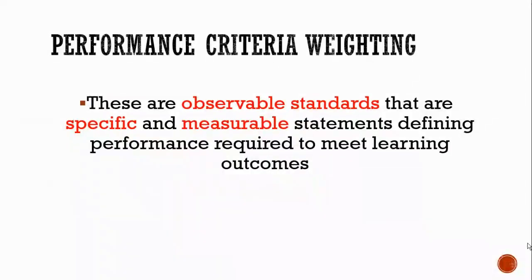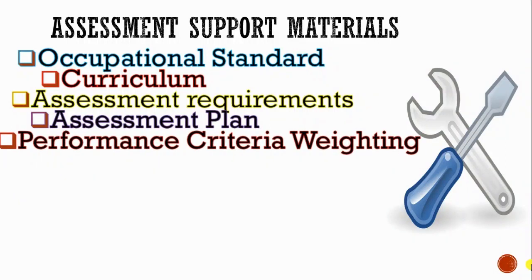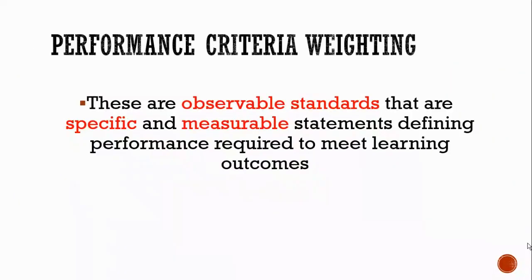And in today's tutorial, we are going to look at another support material when it comes to assessing learning outcomes, and that is performance criteria weighting. So this is another tool that we need to develop. So what is this performance criteria weighting?